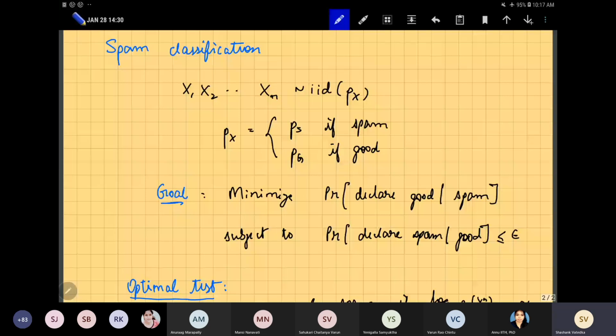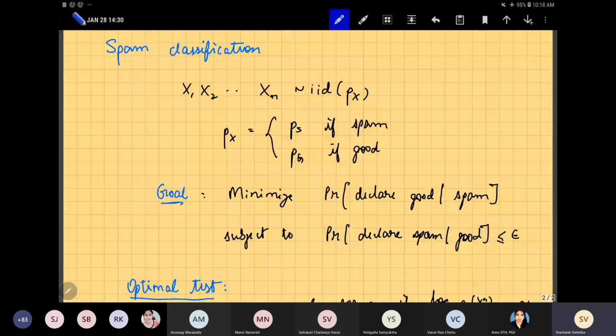The second problem was, how do you communicate reliably across a noisy channel? And for this, we saw that the mutual information gives an achievable rate. The third problem was a problem of what is called detection, or in some sense classification. It's slightly different from the classification problem studied in the CS literature.